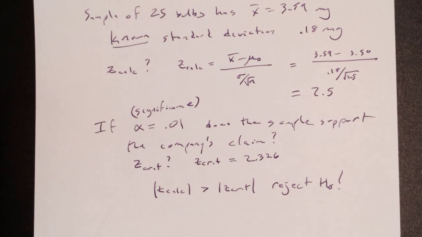It is possible that I could just get unlucky, right? I could have picked the worst bulbs in the whole factory today. How likely is it that I'm that unlucky?